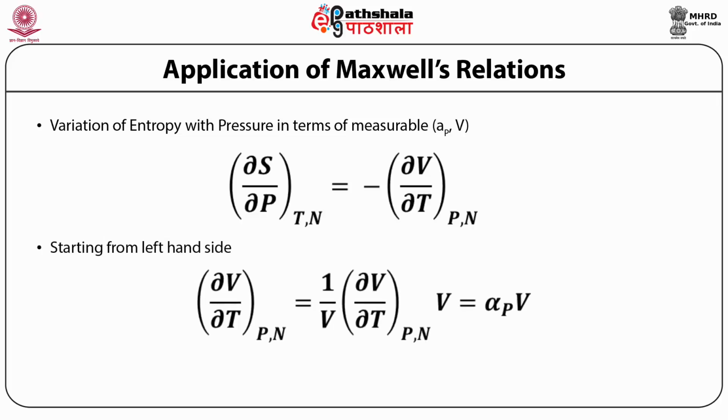If we start from the left hand side, we can write delta V upon delta T is equal to 1 upon V into delta V upon delta T at constant pressure and number of particles multiplied by V, which is equal to alpha P into V. Therefore, the change of entropy with pressure at constant temperature and number of particles is a product of alpha P and V with a negative sign.